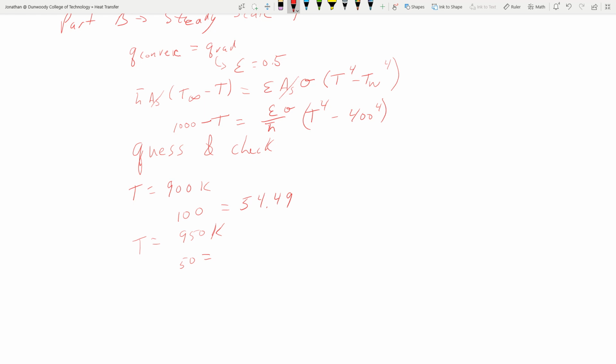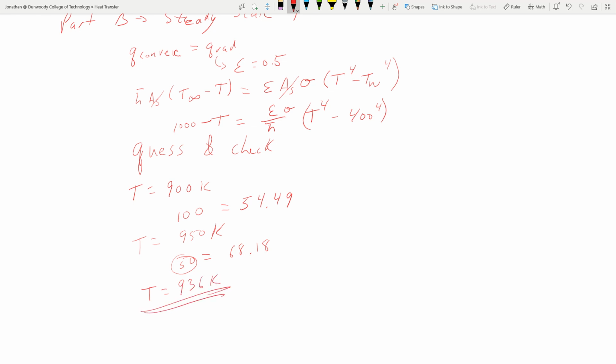I must have screwed that up. I got 68.18. So now this side is too small, so it must be something less than this. If we keep doing this, we find that T equals 936 Kelvin, or thereabouts.